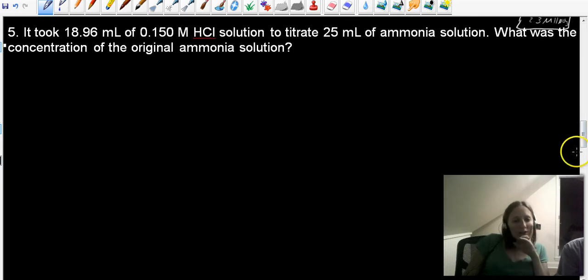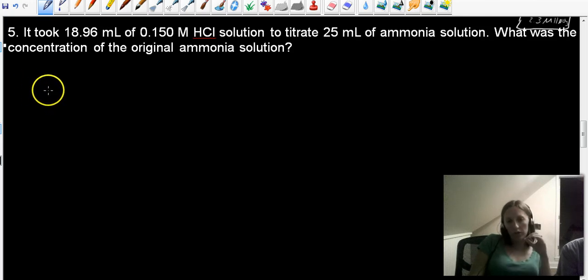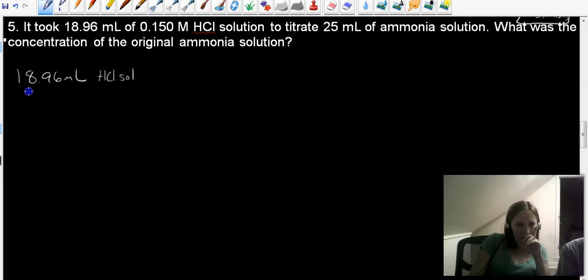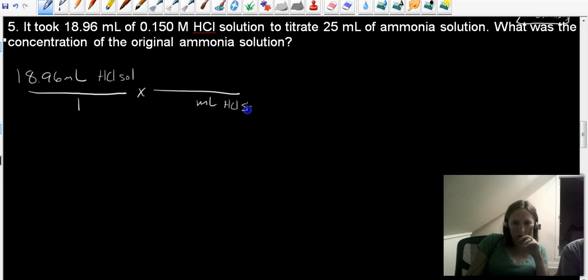And number 5. It took 18.96 milliliters of 0.150 molar hydrochloric acid solution to titrate 25 mLs of ammonia solution. What was the concentration of the original ammonia solution? Again, you're going to be starting with milliliters of solution. So you've got 18.96 mLs of HCl solution. And you bring that down and you go, what do I know about mLs of HCl solution?